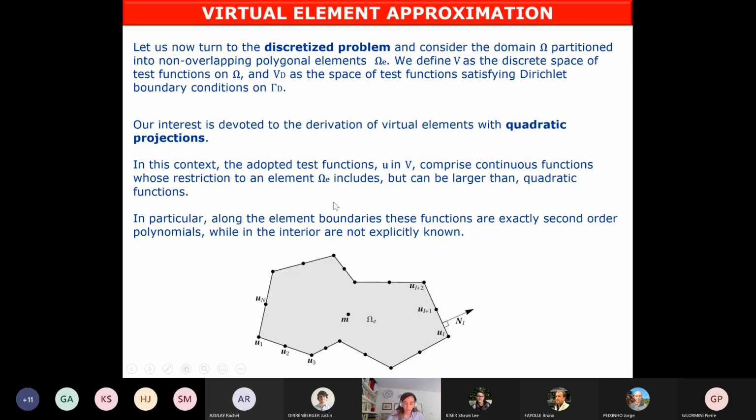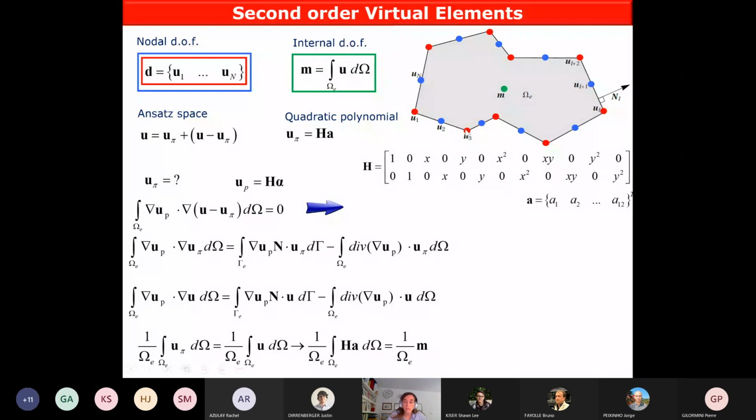Here there is a schematic of a generic second-order element. You can see that it can be characterized by a general shape, and over each edge there are vertex nodes and also internal nodes, since we need to define second-order polynomials exactly over the boundaries.